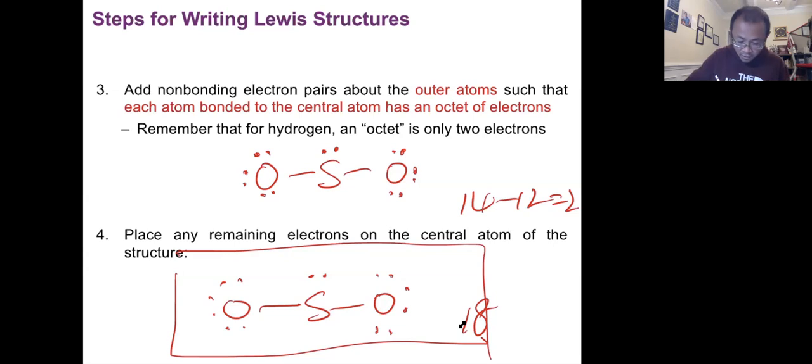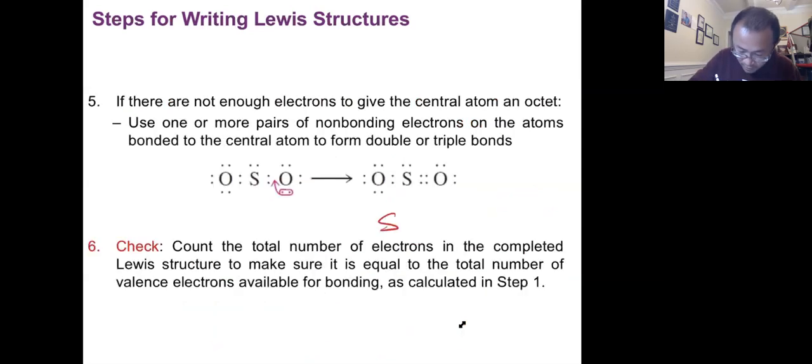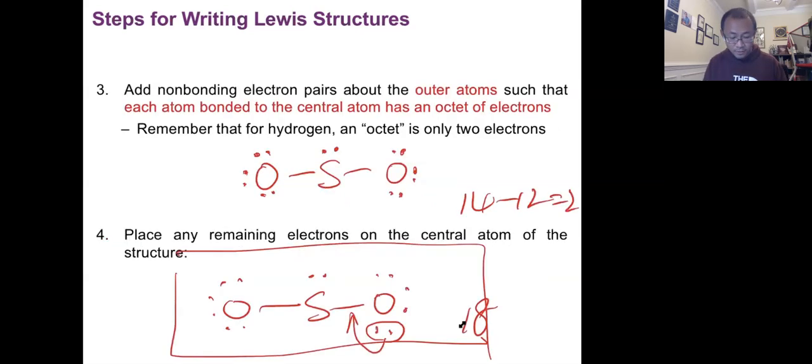In that case, we borrow 2 from the oxygen, changing the non-bonding to bonding. So we end up with a double bond with oxygen. This is the final structure. Take a look.